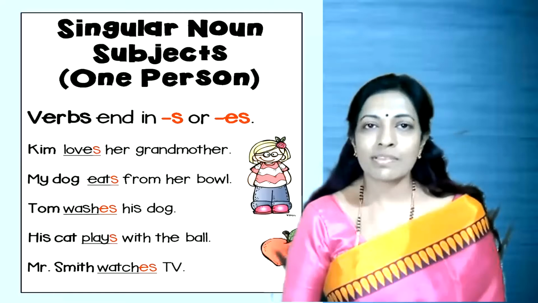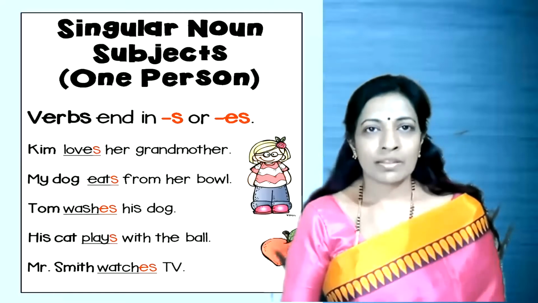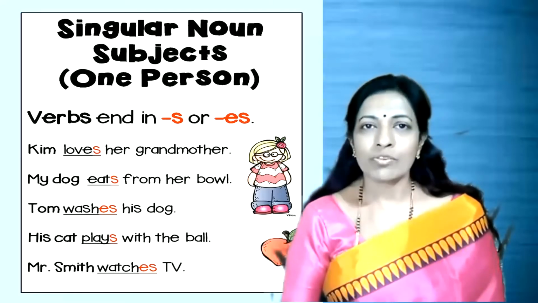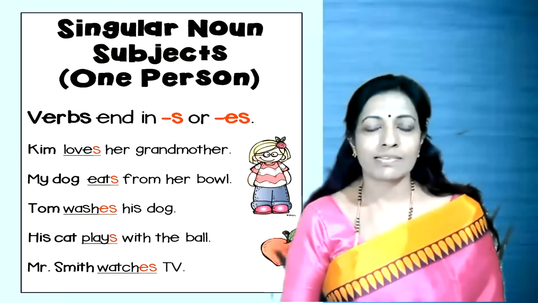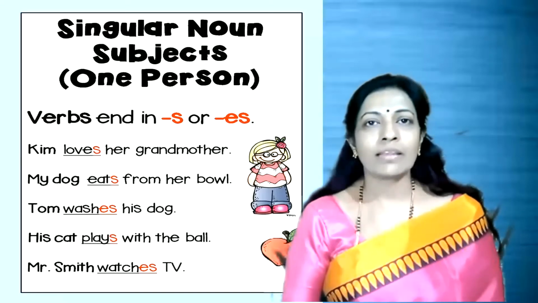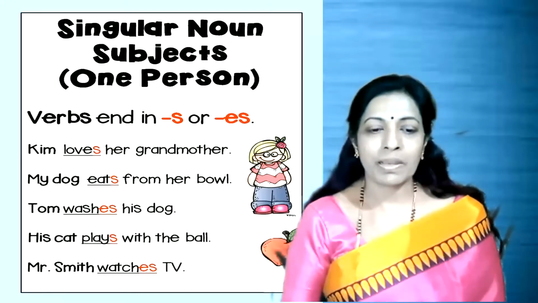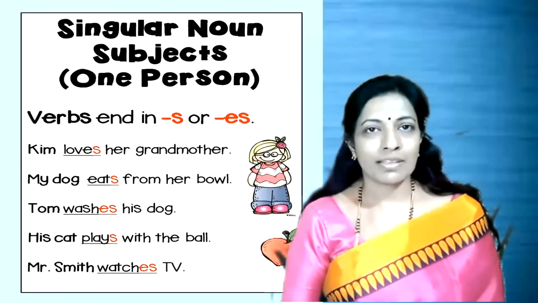Tom washes his dog. The verb is washes. The subject is Tom. Tom is a singular noun and so the verb here ends with ES. His cat plays with the ball. The verb is plays. The subject is his cat.